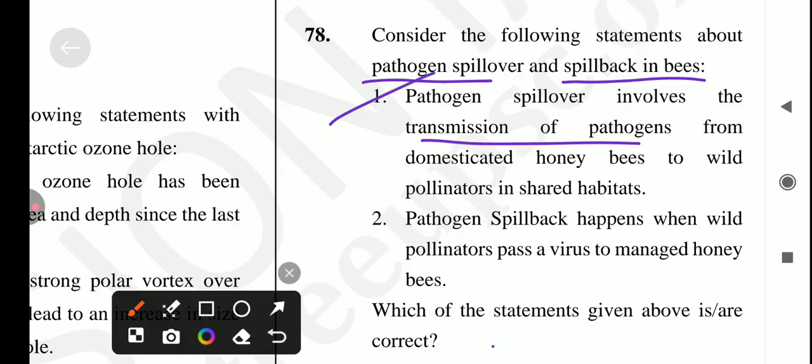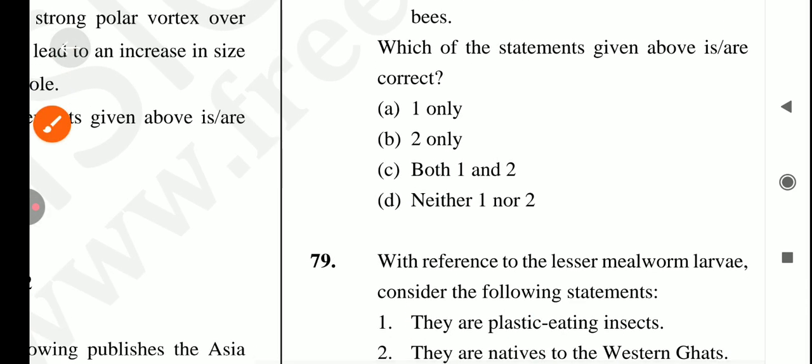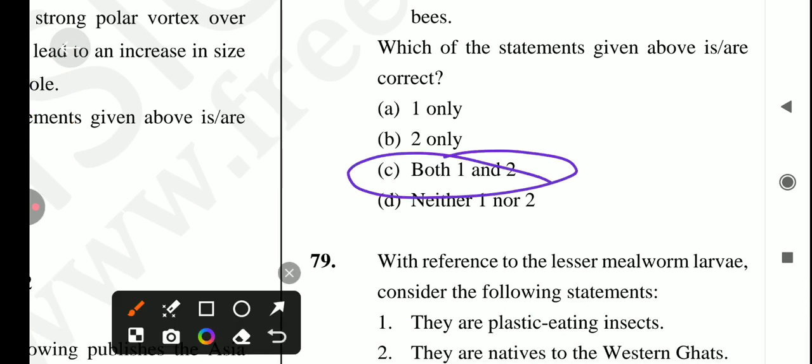Yes, it's a correct statement. Next, pathogen spillback happens when wild pollinators pass a virus to managed honeybees. Yes, it's a correct statement. So the answer for this question is option C, both 1 and 2.